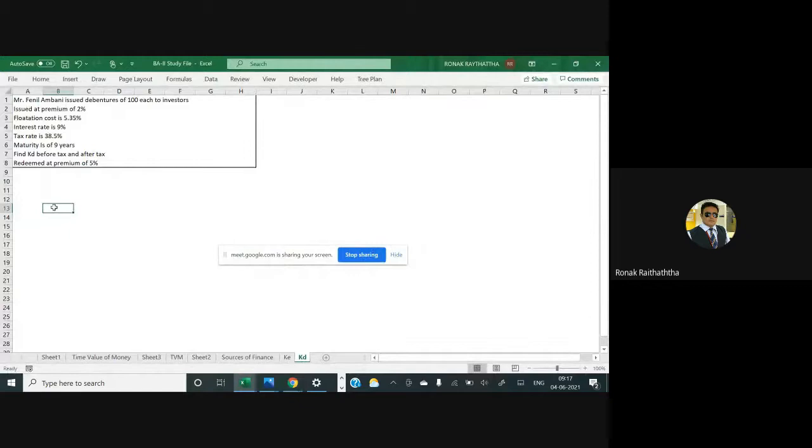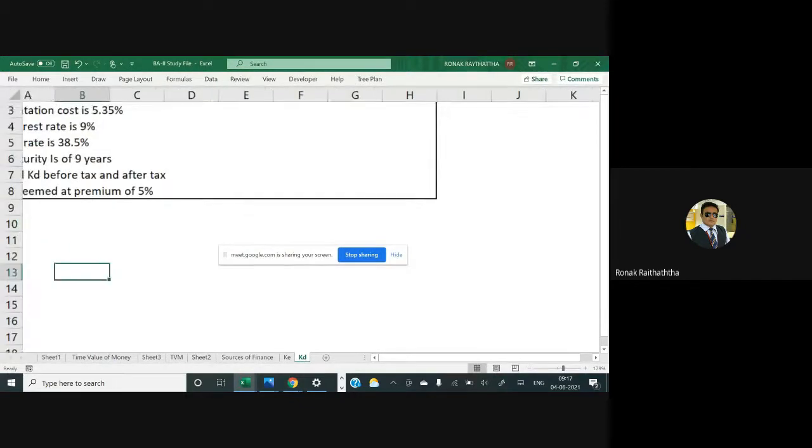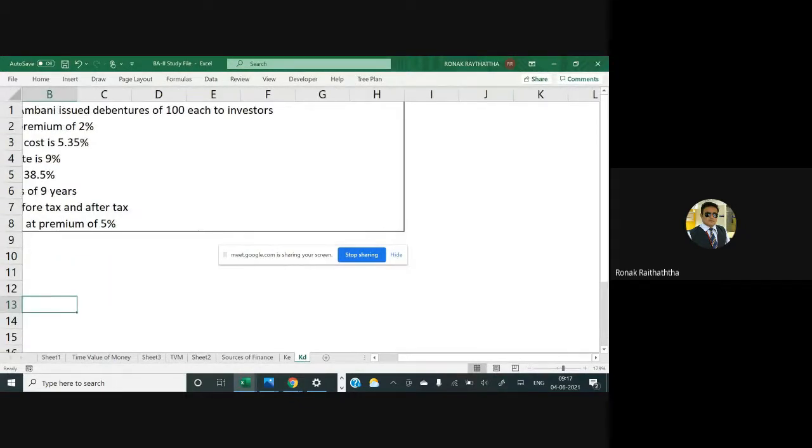Good. Now it comes to the cost of debt. Some people would say, sir, cost of debt is very simple to understand, then why are you making it complicated? Yes, cost of debt is basically the interest rate percentage you have agreed with the party from whom you have taken the loans and borrowings.